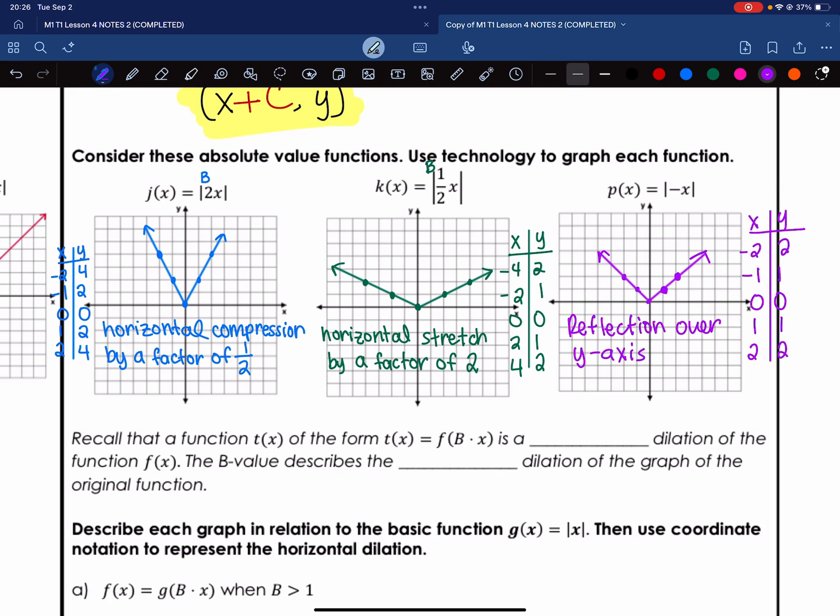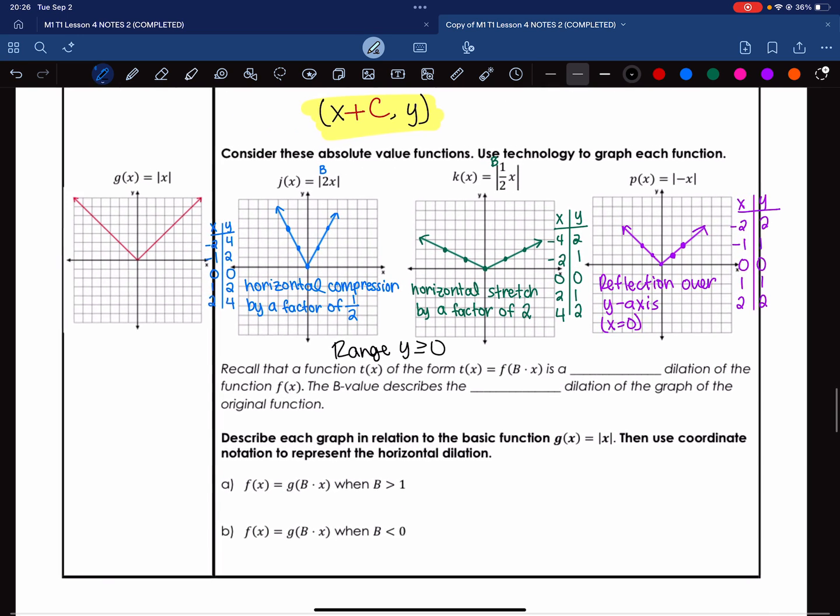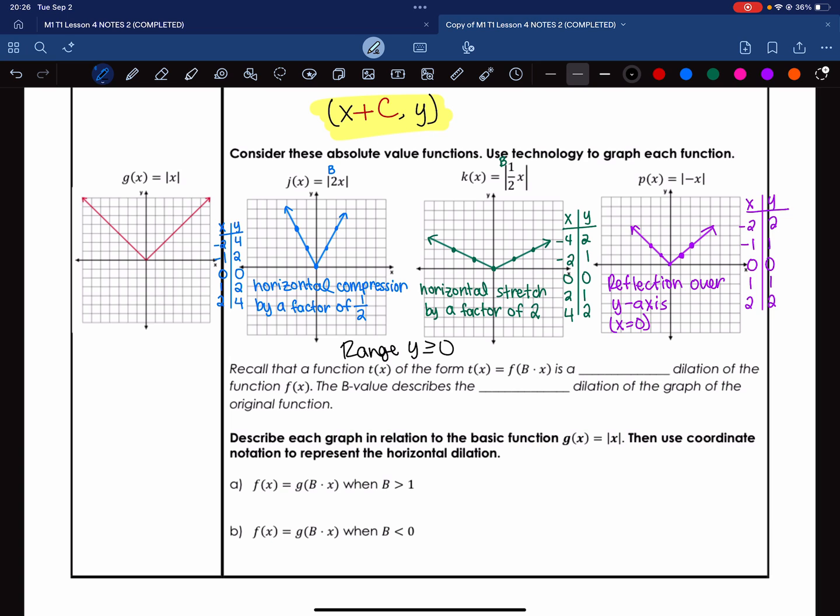And the y-axis is a x equals 0 equation. Okay, now one thing I didn't say is what is the range of all of these, and the range for all of these is y is greater than or equal to 0, because they all have a minimum value of 0, which is the y value.